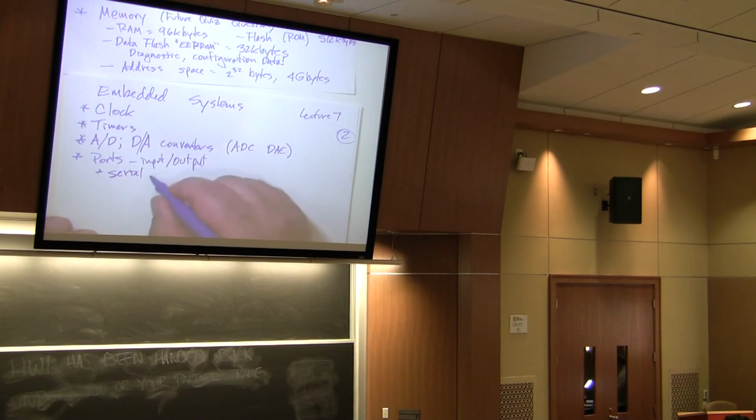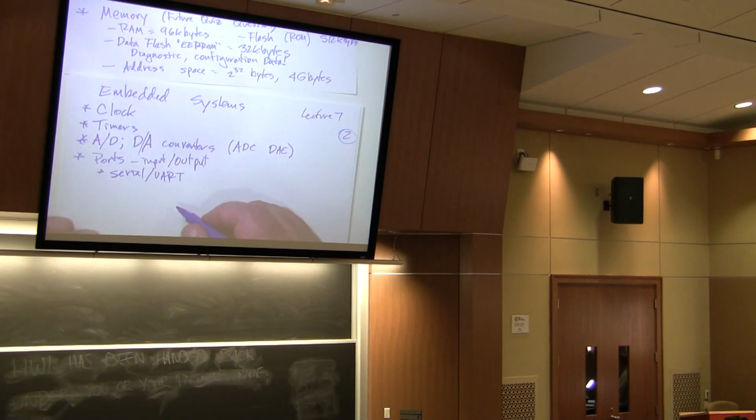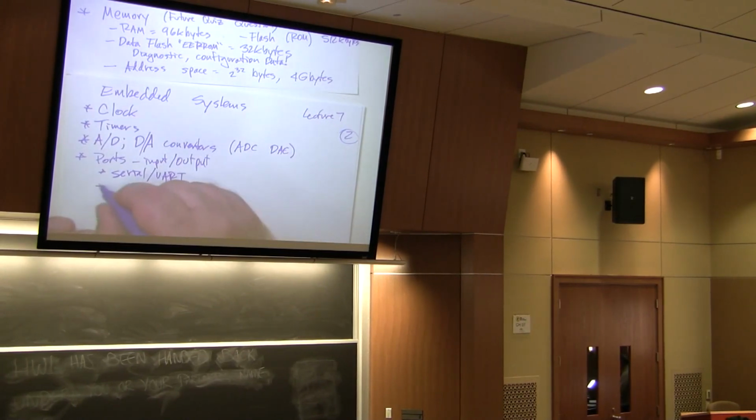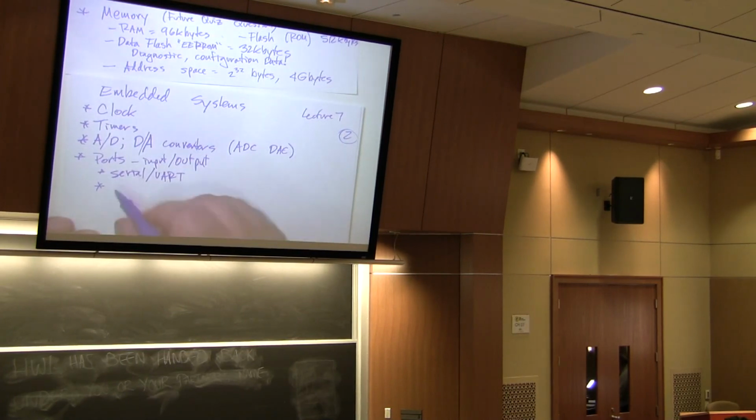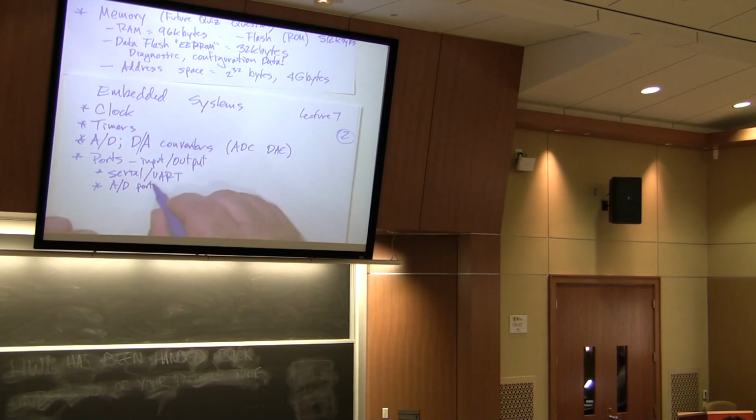So we'll see some sort of serial, UART, USART, some other type of communications port. I think we've already mentioned A to D, right? So we'll have A to D ports, or specific pins allocated to A to D.